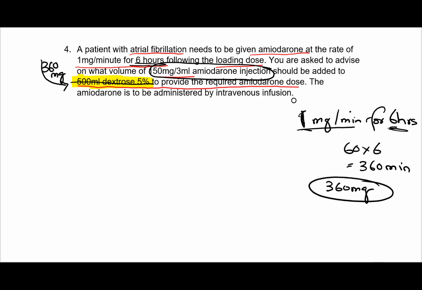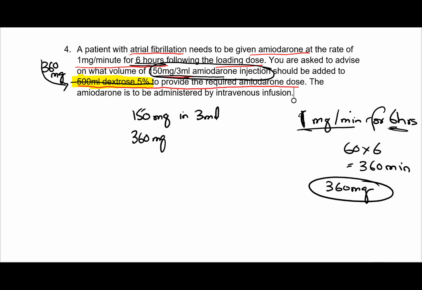So the strength of the amiodarone injection is given, which is 150 milligram per 3 mils. So how many mils of this injection I will add to this infusion bag, which will provide 360 milligram of the dose? So let's take this concentration. 150 milligram is present in 3 mils, but I have to give to the patient 360 milligrams.